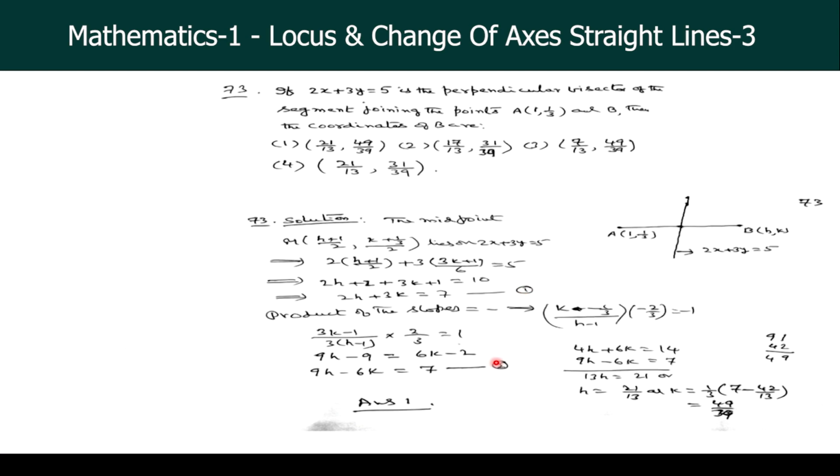Solving these two equations, you will get h is equal to 21 by 13 and k is equal to 49 by 13. So option number 1, (21/13, 49/13). So the correct answer is option number 1.